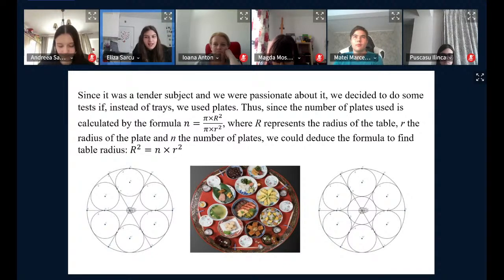Thus, since the number of plates used is calculated by the formula n equals pi times r squared over pi times q squared, where r represents the radius of the table, q the radius of the plate, and n the number of plates, we could deduce the formula to find the table radius: r squared equals n times q squared.